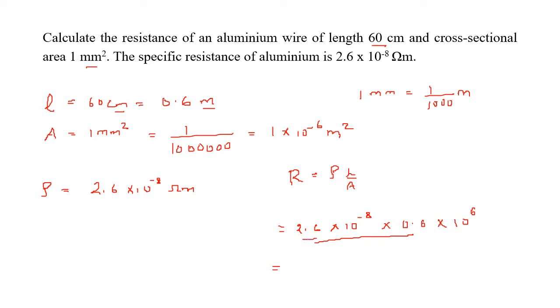So 2.6 into 6 gives us 1.56 into 10 raised to minus 2 ohm, which will be the resistance of the aluminium wire. Is it clear? So the length we have converted into the SI unit, the cross-section area we have converted into the SI unit, and using the formula R is equal to rho L by A, we did the calculation and got the answer.